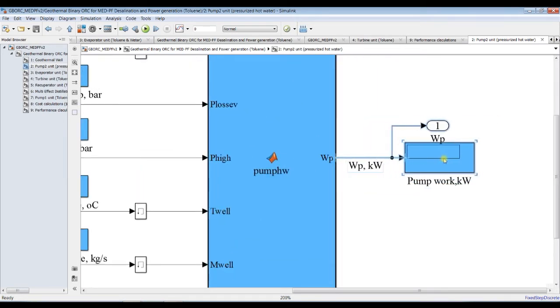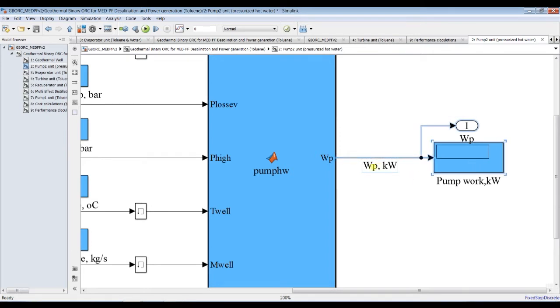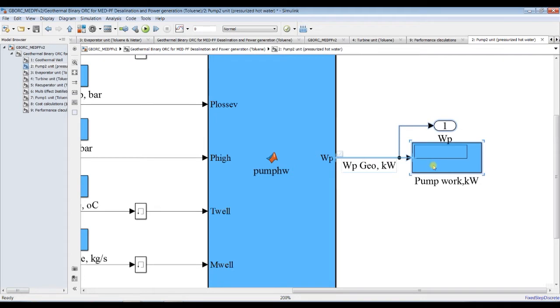You can attach this away, and we can write here geothermal, and double click and select stream signals. We need to know how much pumping power we get based on our adjustable parameters.